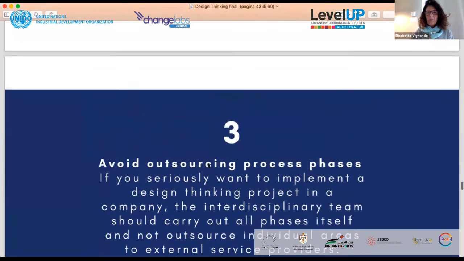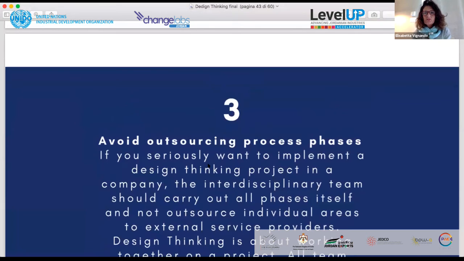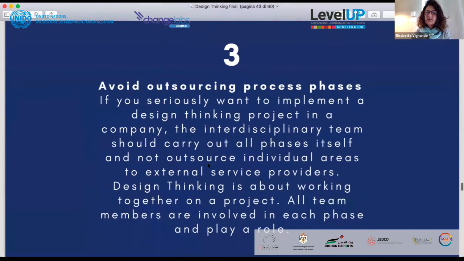Then point 3, avoid the outsourcing process. During the design thinking process, it is extremely important that all the steps are done inside the company and not outsourced, because design thinking is about working together on the project.